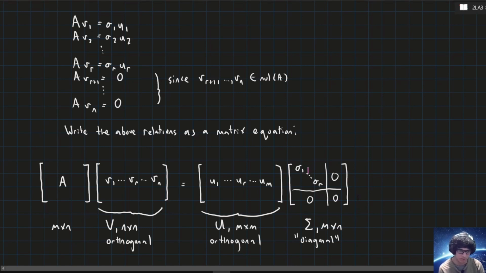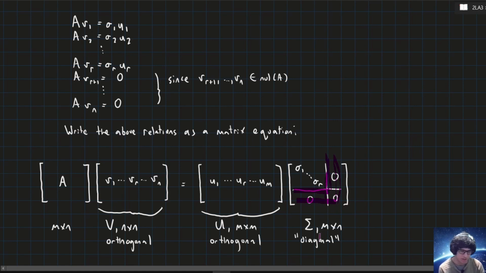This is capital sigma here, and over here, these are lowercase sigmas. We're going to collect our small sigmas and put them into a diagonal matrix in the top left corner here, and fill in the rest of the matrix with zeros.